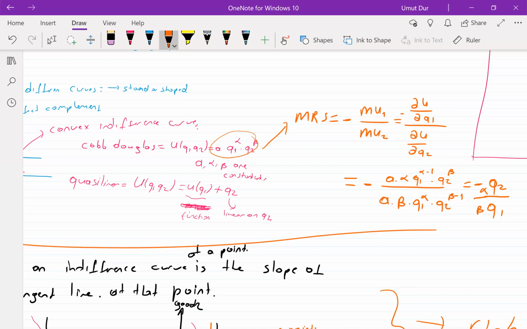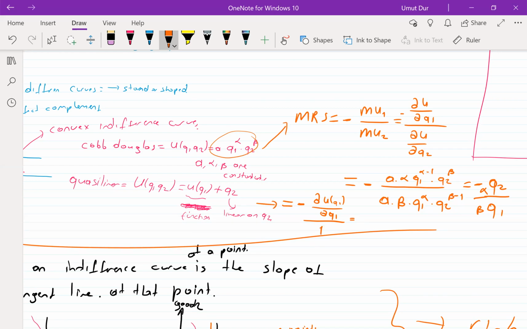So what about these quasi-linear utility functions? It will be minus, I don't know the exact formula for u(q1), but let's say we are just taking the derivative of u(q1) with respect to q1. And what is the derivative with respect to q2 here? It is 1.